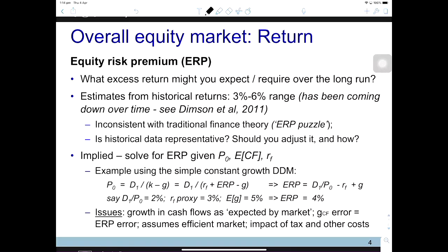And on top of that, to attract investors from these safe assets, you have to offer a certain level of compensation for that additional risk. That will be the equity risk premium.